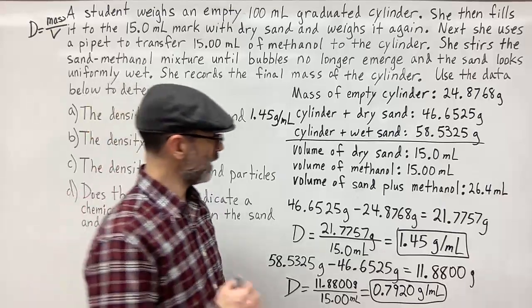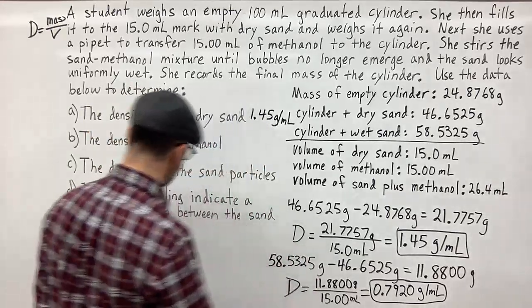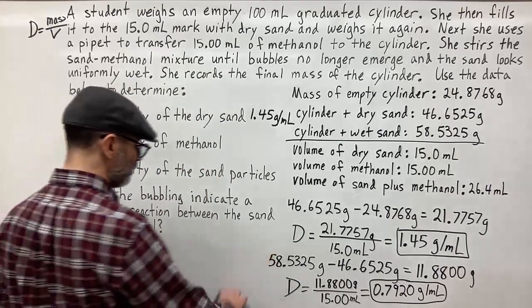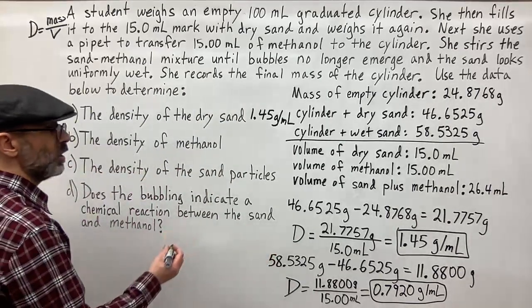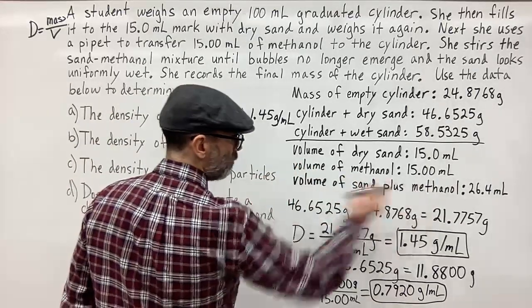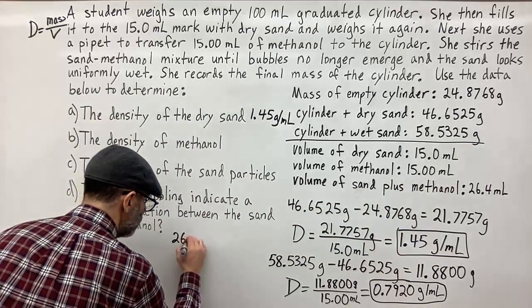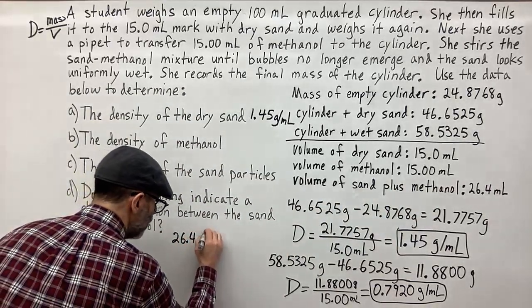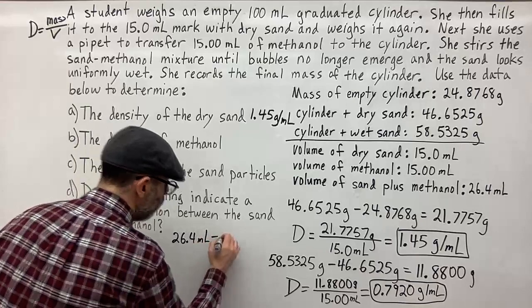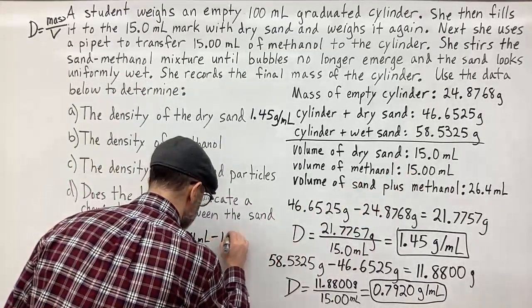Okay, so let's go ahead and find that. I got some space here, so in the space here, I'll find the volume. So we have 26.4 milliliters, the total. We're going to subtract out the 15.00.